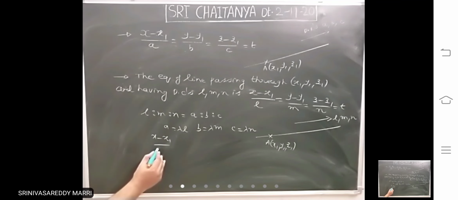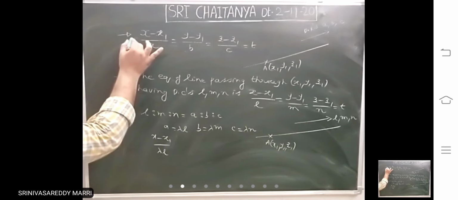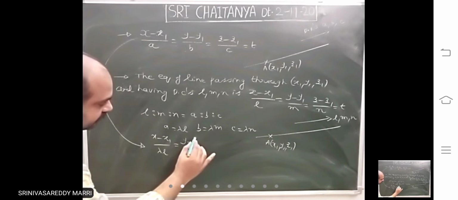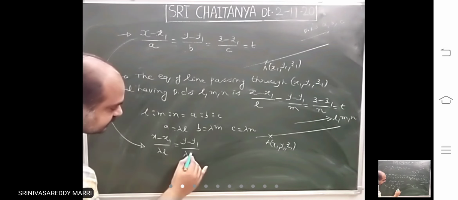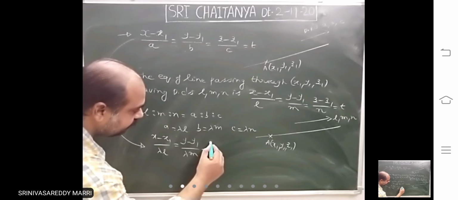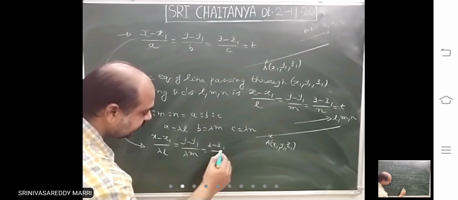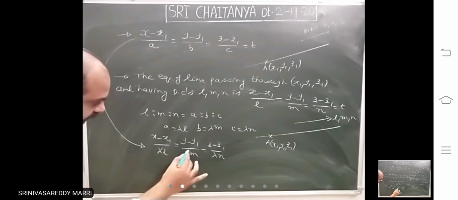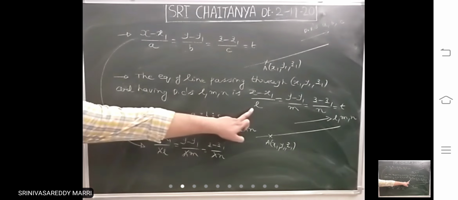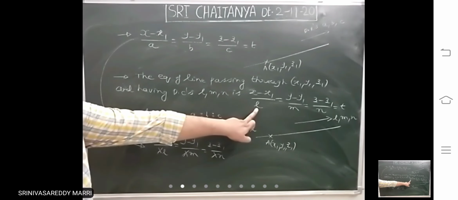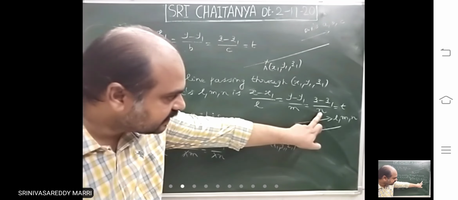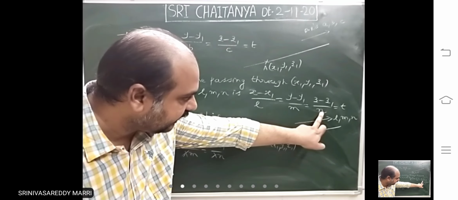x - x1 divided by a means lambda l. So lambda l = (y - y1)/(lambda m) = (z - z1)/(lambda n). Therefore, what equation will you get? (x - x1)/l = (y - y1)/m = (z - z1)/n.